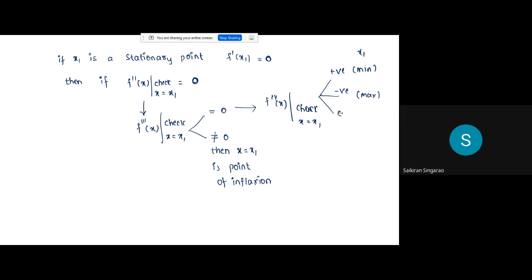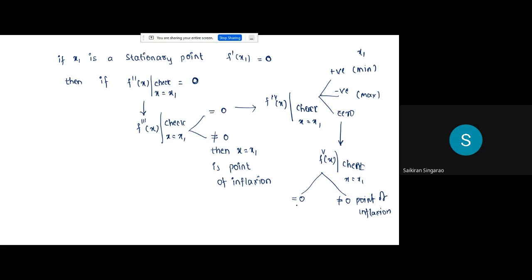Assume it is coming 0 again. If it is coming 0 again, what do you do? You do fifth derivative of x and you check at x equal to x1. It could be 0, or it could be not equal to 0. If not equal to 0, then you call it point of inflection.